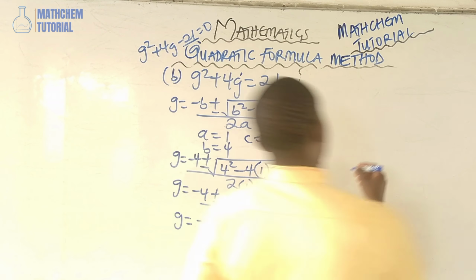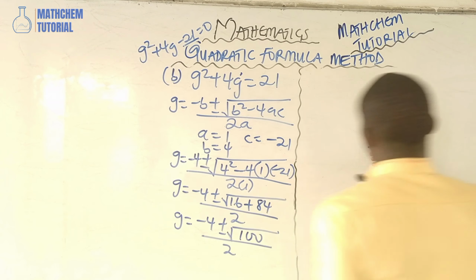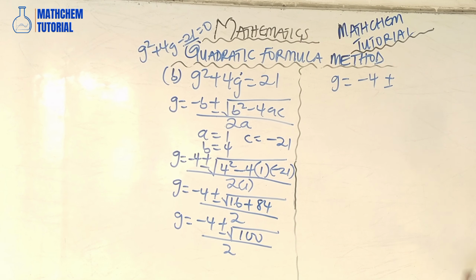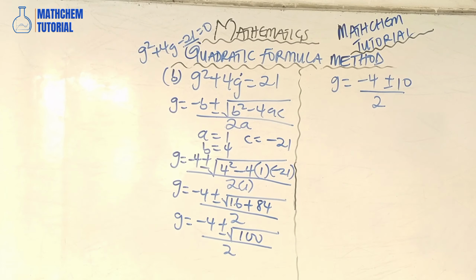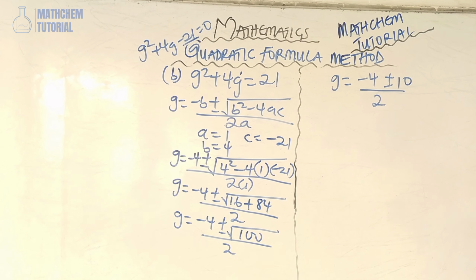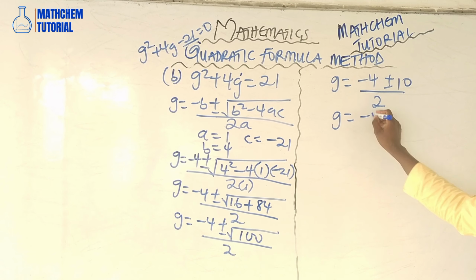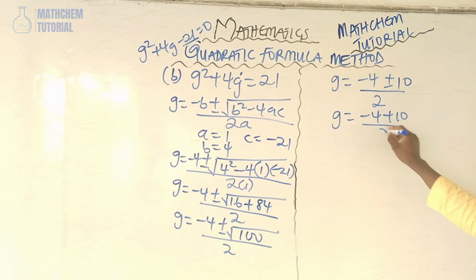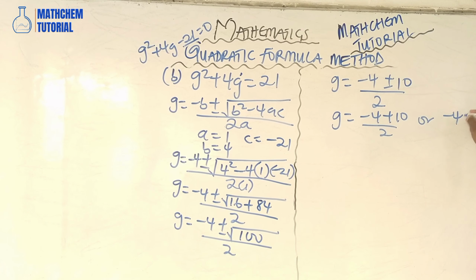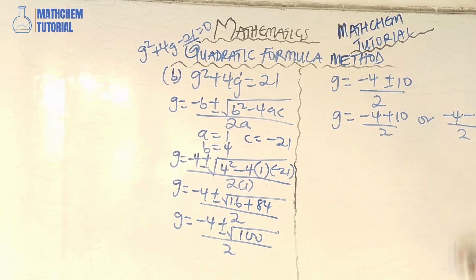Now, g equals minus 4 plus or minus the square root of 100, which is what? It is 10, all over 2. So if I split this into 2, then g will be equal to minus 4 plus 10 over 2, or minus 4 minus 10 over 2.